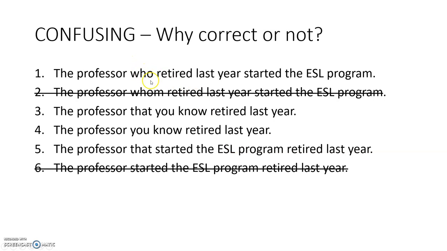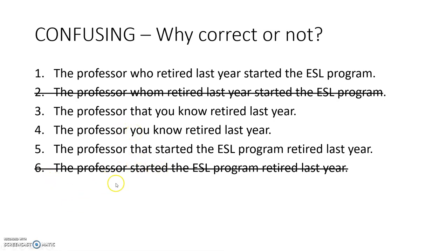So we're looking at differences between who and whom. We're looking at differences between who and that. And we need to find out, when can I write a sentence with no pronoun?